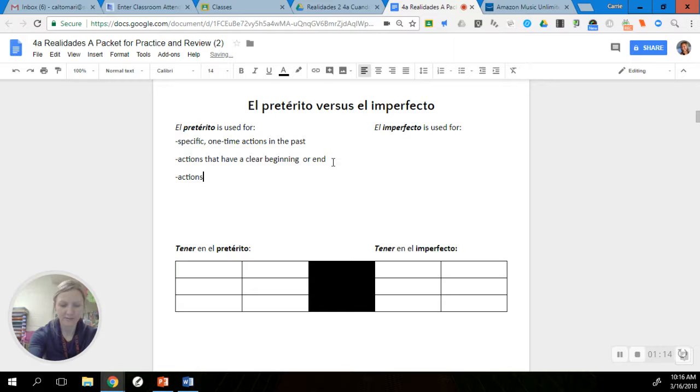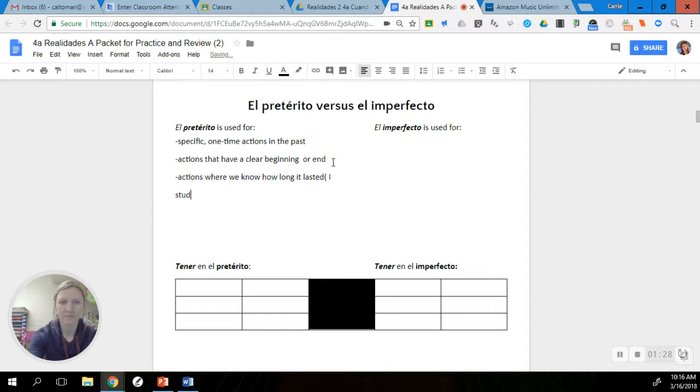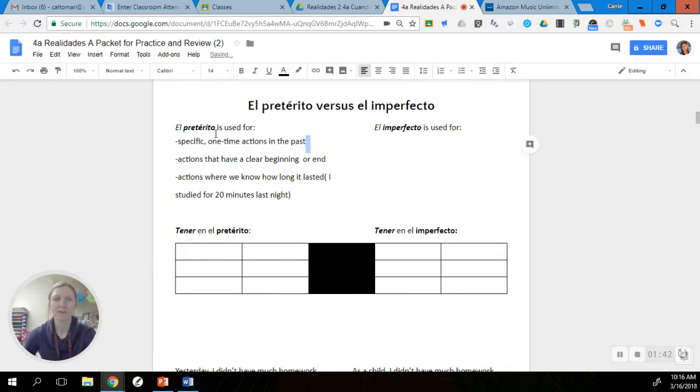And actions where we know how long it lasted. Example, I studied for 20 minutes last night. You know how long you spent studying for a specific length of time.